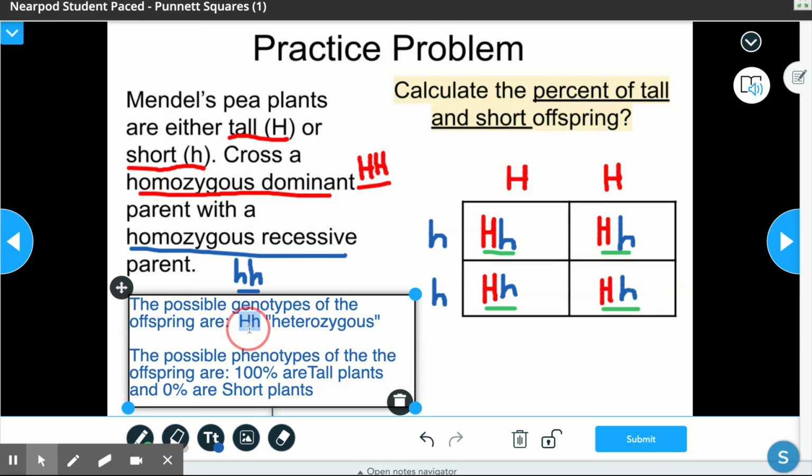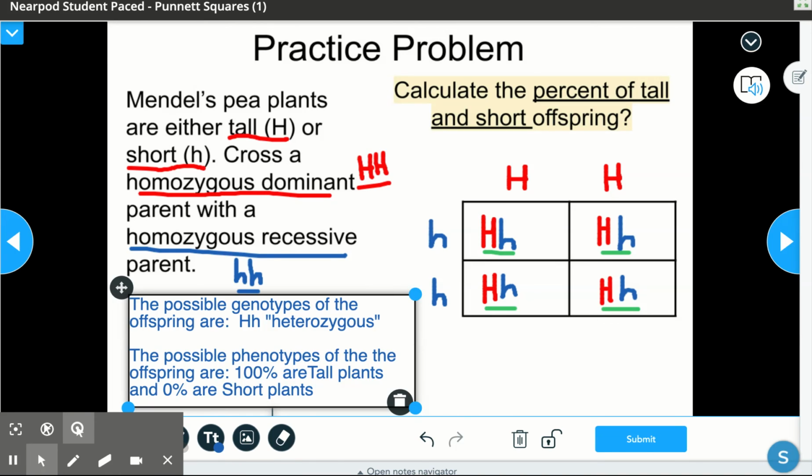This dominant and recessive allele results in the phenotype of being tall because the tall allele is dominant. And so if there's at least one dominant allele, that's the trait that's going to show up. So 100% of these offspring will be tall, 0% will be short. That's the correct answer there.